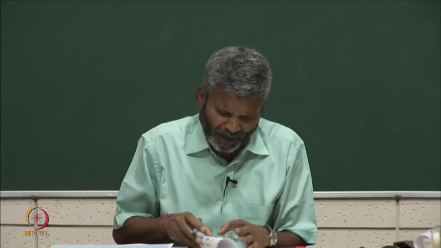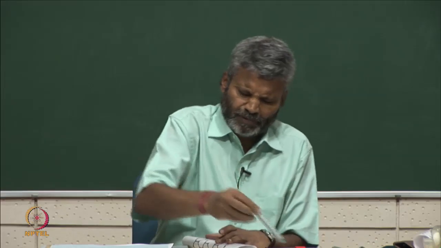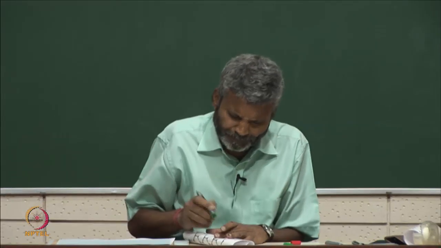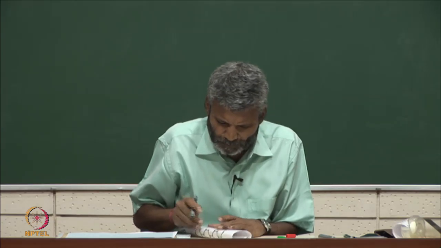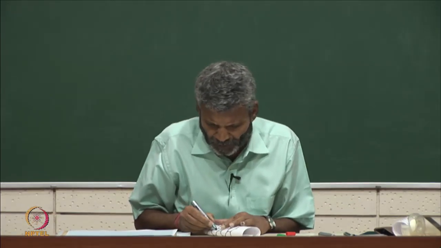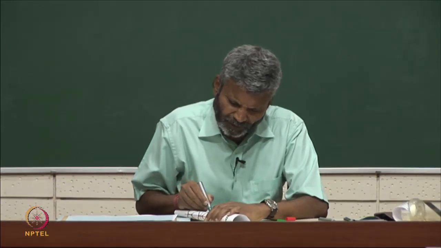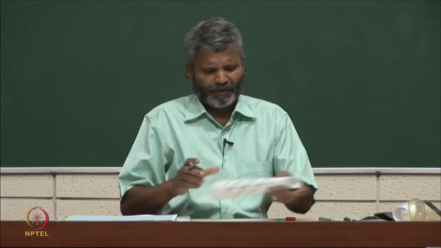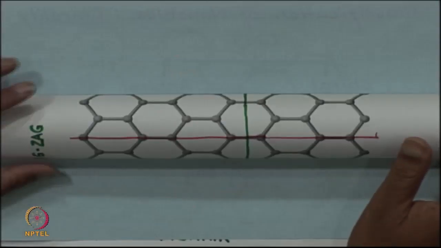Also, there is another mirror plane and that is perpendicular to the tube axis. So, let me draw another line using another color pen. This plane, perpendicular to the tube axis, will cut the cylindrical tube in a circle.